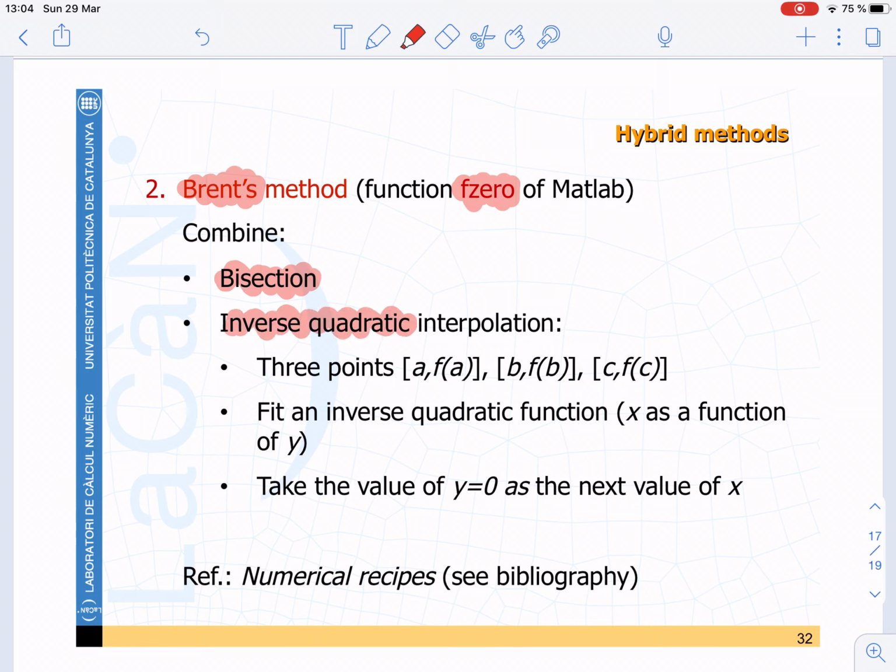Inverse quadratic interpolation means that for three approximations a, b, c to the root and their images fa, fb, and fc, we fit an inverse quadratic function. What do we mean by inverse? That x is a quadratic function of y, not the other way around, and take the value of y equals 0 as the next value of x.